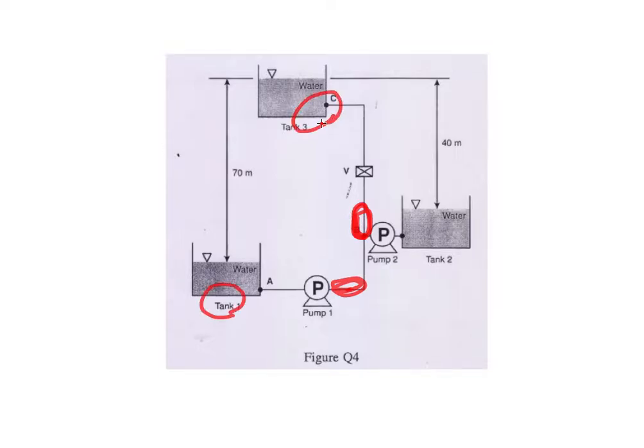So before you use the Bernoulli equation, please understand the real meaning of the basic idea of the Bernoulli equation. The Bernoulli equation actually reflects the energy of the streamline.